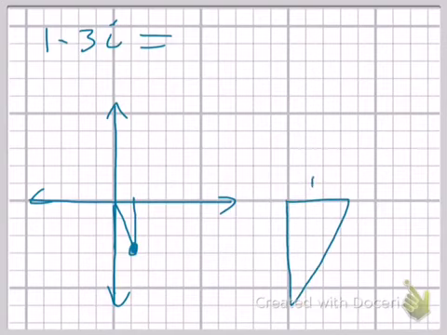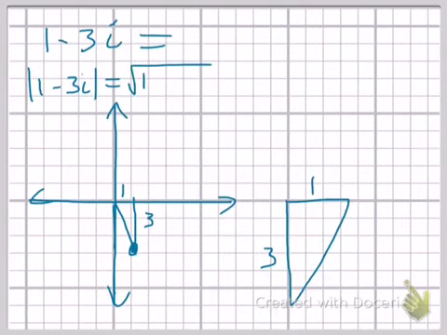So this is the triangle we're working with here. So the absolute value of 1 minus 3i is equal to the square root of 1 squared plus negative 3 squared, which is the square root of 10. So that's my r value.